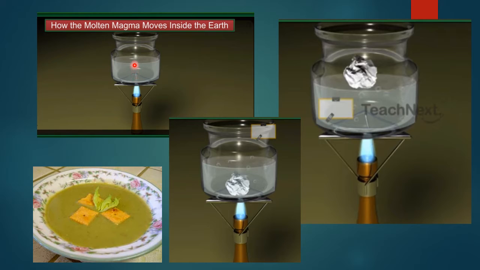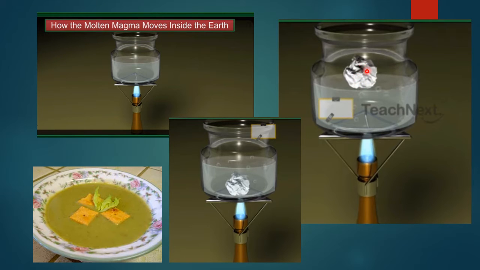What do we see after some time? We see that this paper is floating and bouncing on the water, and after some time the paper sinks down. So this is how, because of the convection currents, these heat currents make the lithospheric plates move.